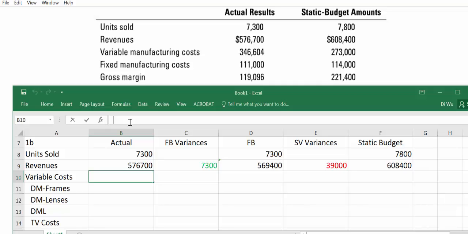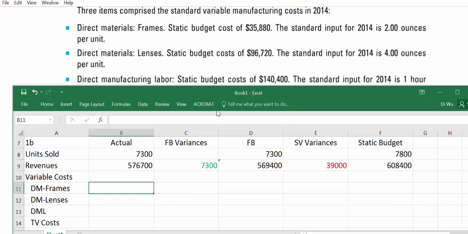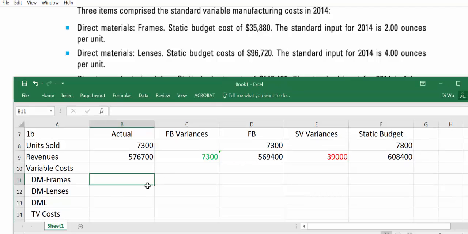First of all, I'm going to find the DM frame. For actual results, it's given. You have to read basically this paragraph and that paragraph. I'm going to assume that you have read them and you do have the numbers next to them, so I'm just going to put all the numbers in this frame here.